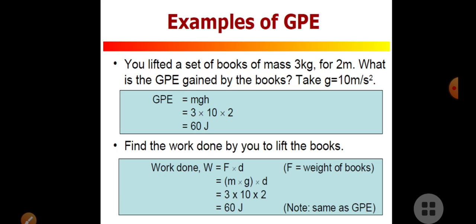So it properly proves that work done in lifting an object is stored in the form of gravitational potential energy. So better remember, the energy possessed by an object due to increase in its height is gravitational potential energy, and if energy is gained by the object due to change in its shape, that is elastic potential energy.